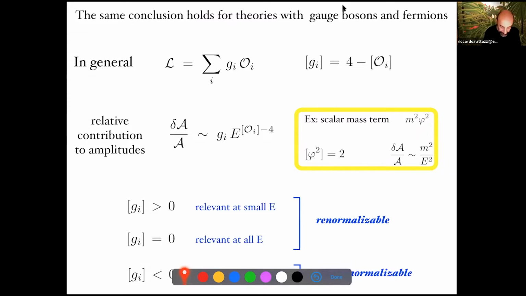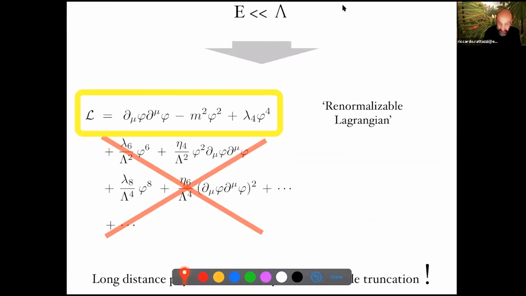So that's the situation. One thing that should be said is that theories like the ones we're mostly familiar with, theories that are weakly coupled, that are basically free theories perturbed by weak perturbations, the dimensionality of all these couplings is integer.